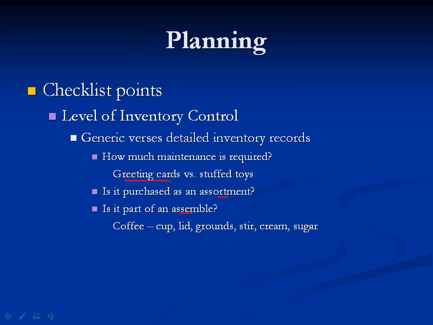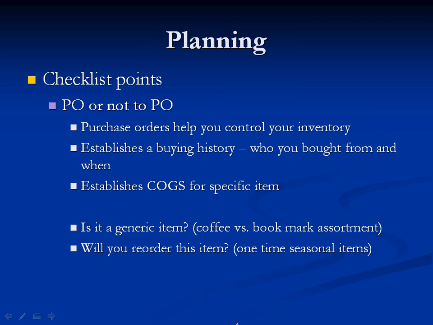Well, it's much easier just to average it out, to think about how much it is per cup. But as an assembly, you're not going to put in the cup, the lids, the grounds, the stirs, and then every time you sell a cup, you decrease those individual inventory items as well. Not going to be very effective in doing that. A lot of energy spent on that. So how much control do you want to have over your inventory?